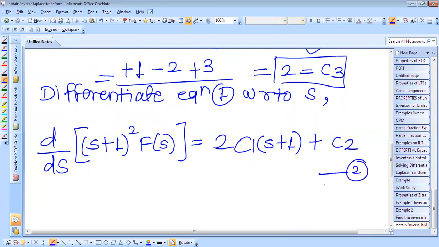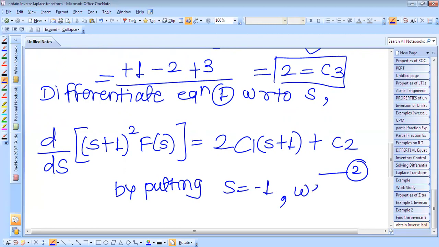Now we put s is equal to minus 1 in this equation.